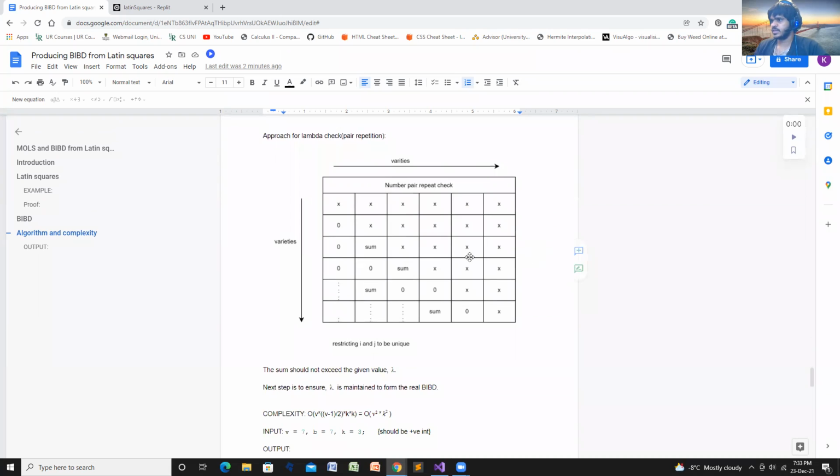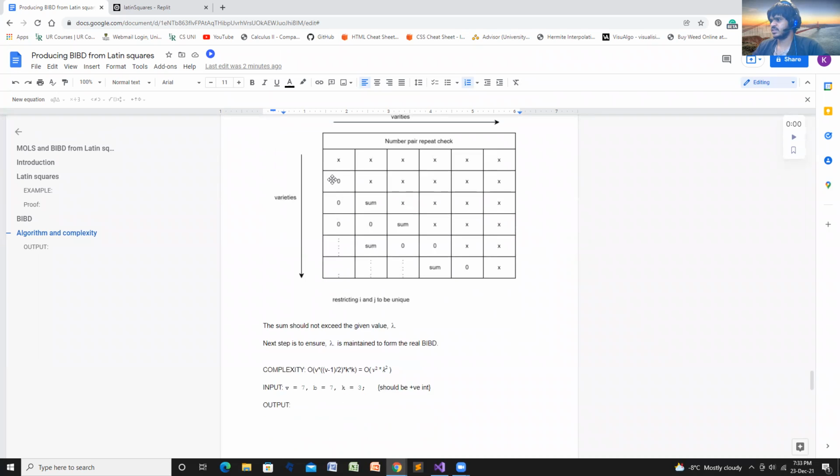And this is the approach for finding the pairs. So varieties, and as we can see, these are all k choose 2 numbers of blocks, or the spaces that will be formed.